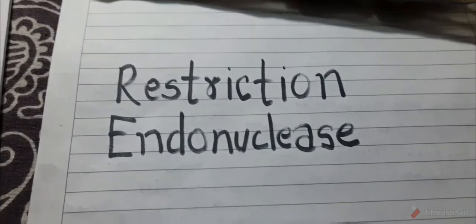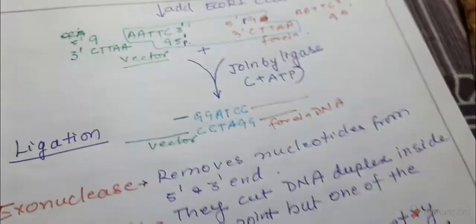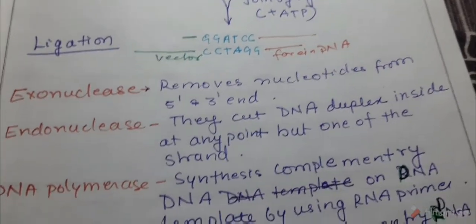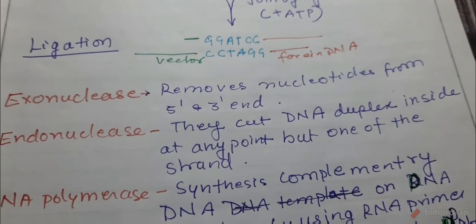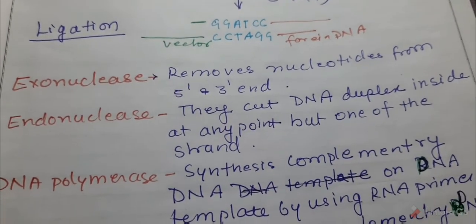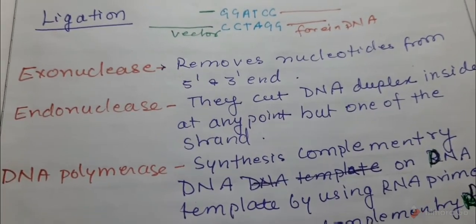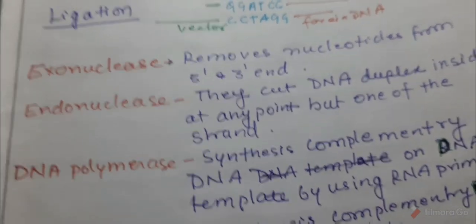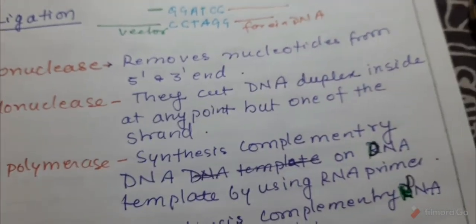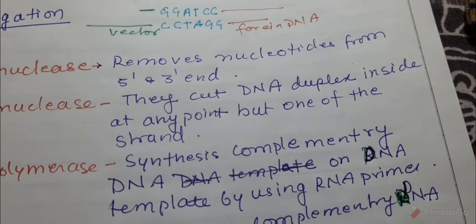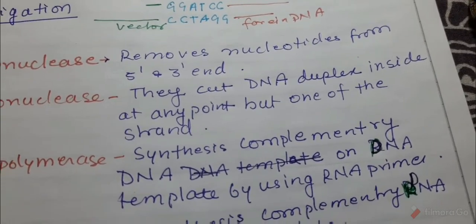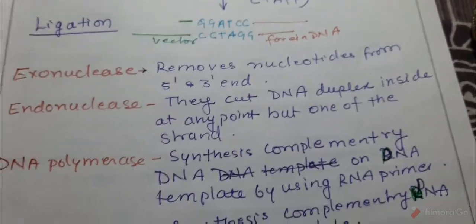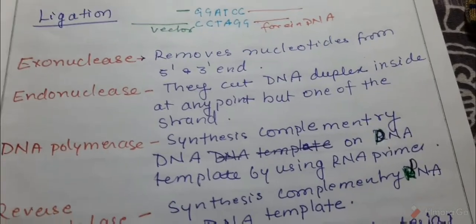Now we'll also discuss in brief certain other enzymes, like exonuclease, which removes nucleotides from the 5' and 3' ends, that is, the extreme ends. Endonuclease, different from the restriction endonuclease, cuts the DNA duplex inside at any point, but breaks only one of the strands of DNA.